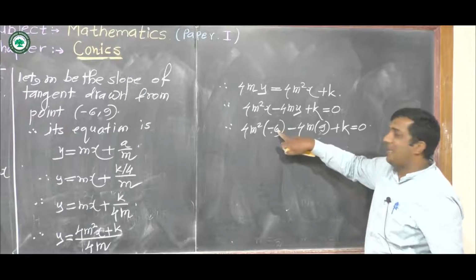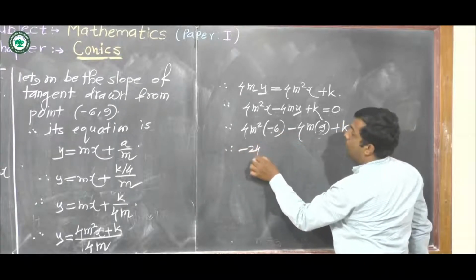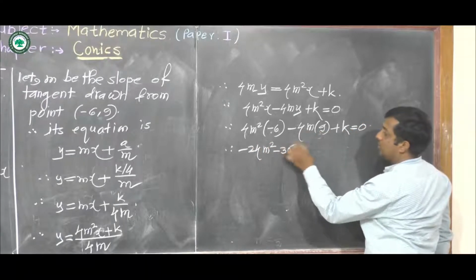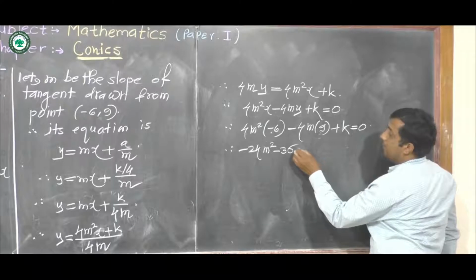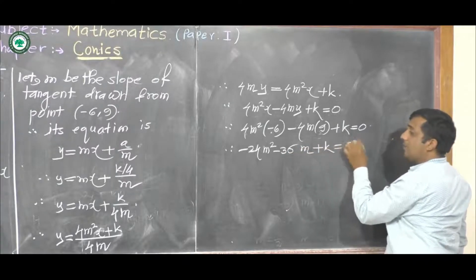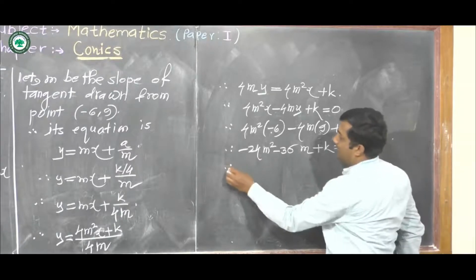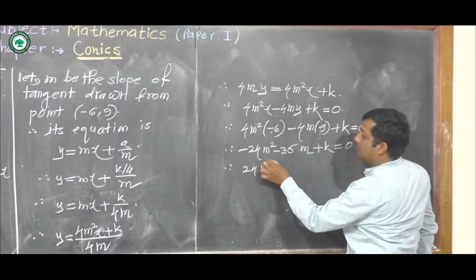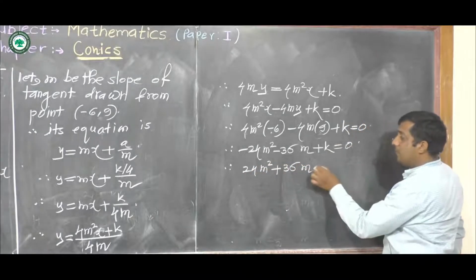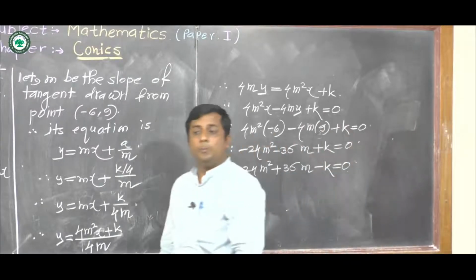We know 4 into minus 6 is minus 24, so minus 24m square. We know 4 into 9 is 36, so minus 36m plus k is equal to 0. We apply a minus sign on both sides and get 24m square plus 36m minus k is equal to 0.